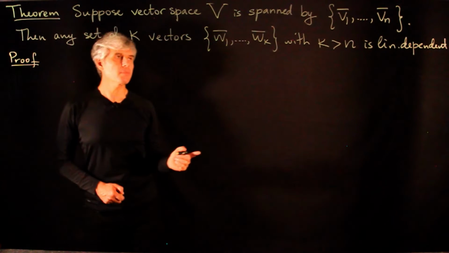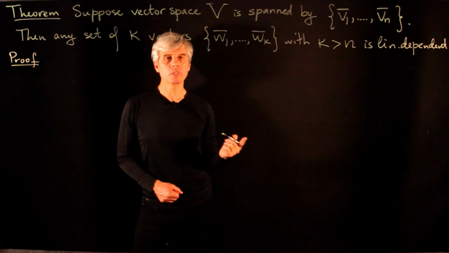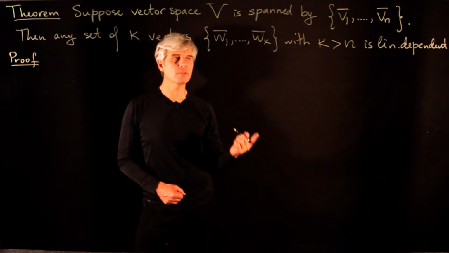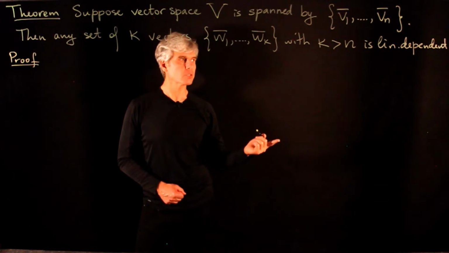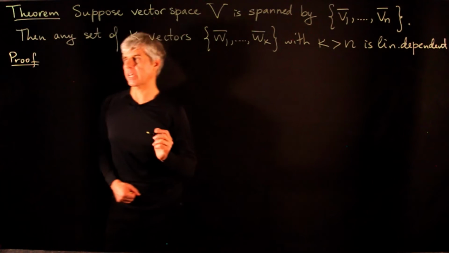To show that something is linearly dependent, we need to show that there exists a non-trivial linear combination of these vectors which is equal to a zero vector.